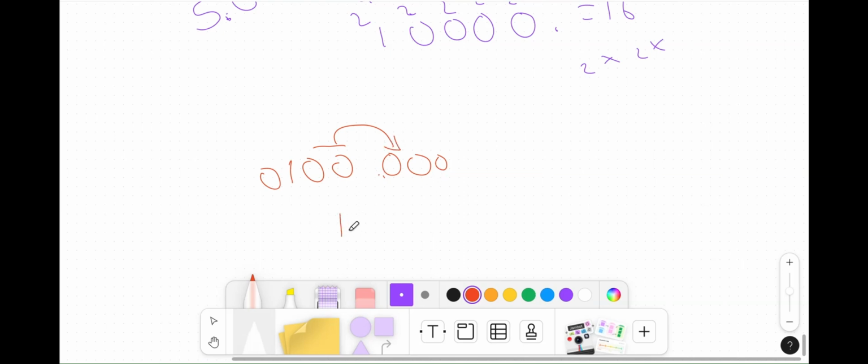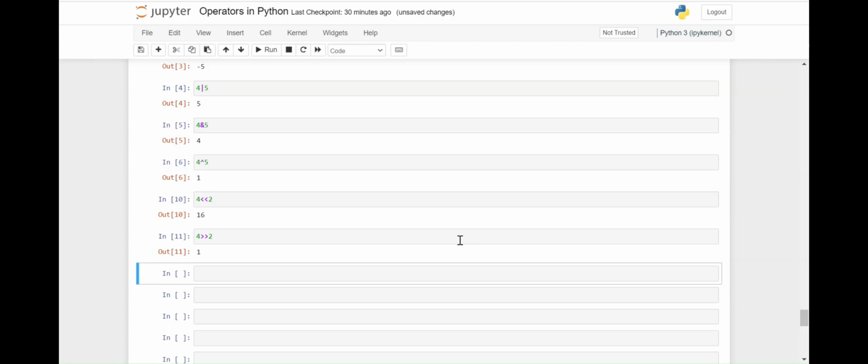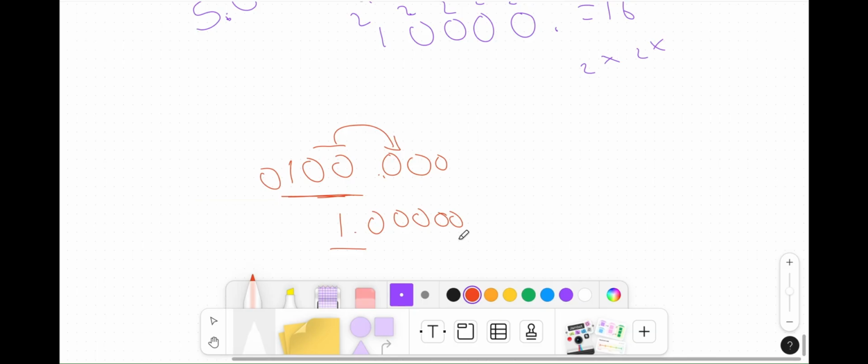So what it is going to return is 1.0000 and 0 according to this. So on doing the right shift of 100 by 2 bits we get 1. Let's just check it on our Jupyter notebook. 4 right shift 2, we get 1. Understood? This is how we do it.